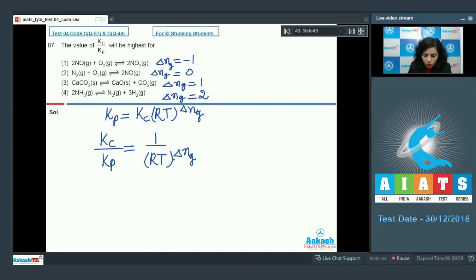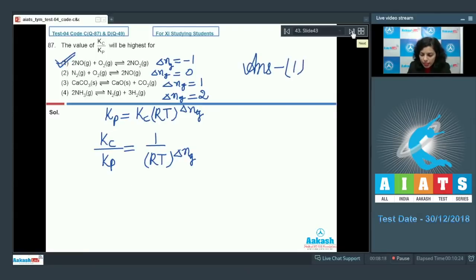With the help of this data, we can easily find that the Kc upon Kp value would be maximum for the case where the delta ng value is least. The delta ng value is least in the first equation, so that is our correct answer, and I'm going to choose it.